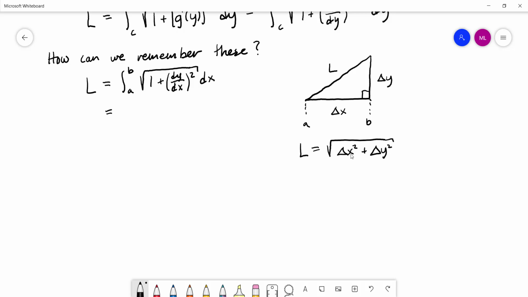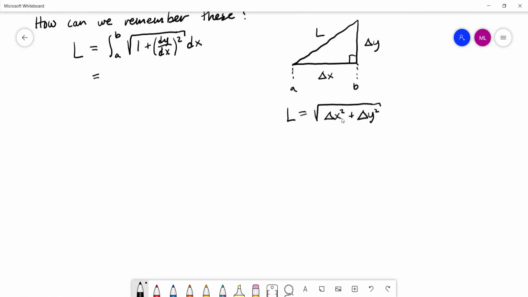And what happens if I, within this, factor out a delta x squared? So let's force out a delta x squared. There's not a delta x squared to be factored out, right? It shows up here, but it does not show up here, but we're going to force it out anyways.